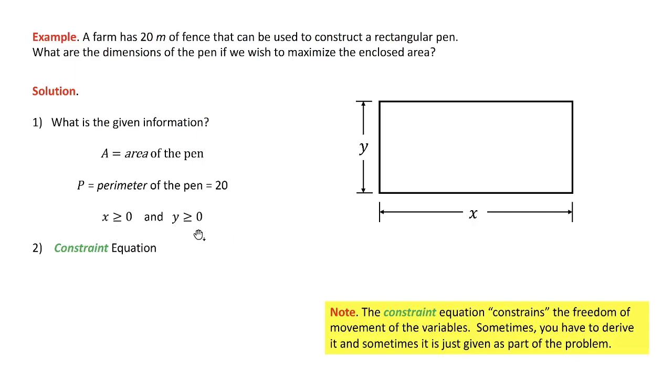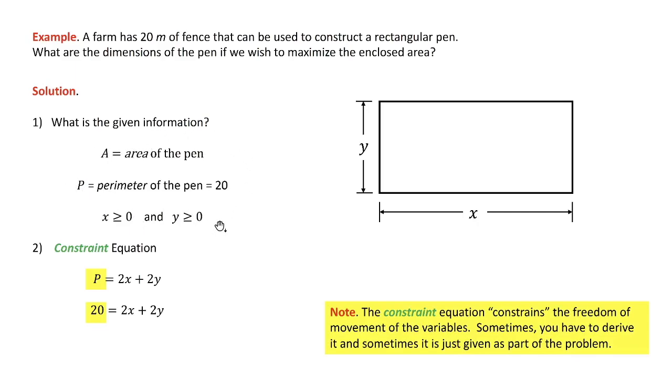It's going to constrain these. So for me, look at the perimeter: it's 2x, the bottom and top, plus the sides, and that's 20. I need a constraint on the variables, and this is it. I probably should put the units in here.